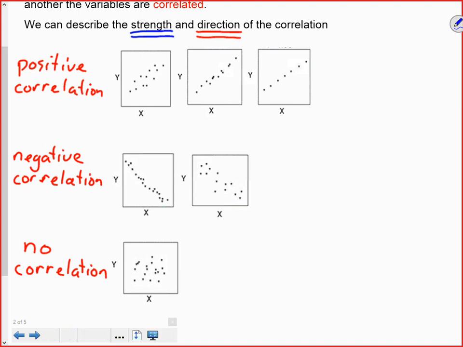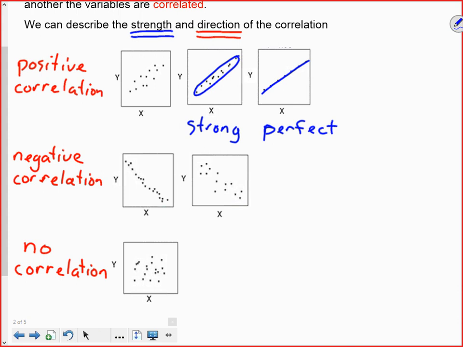If I'm looking at these three across the top, the one on the far right would be a perfect correlation, because you can see it forms an extremely straight line, and the resulting change in y is exactly proportional to the change in x. If I look at the one beside it to the left, we can see that the data are spread out a little bit more. They form more of an oval shape. This would still be a strong correlation.